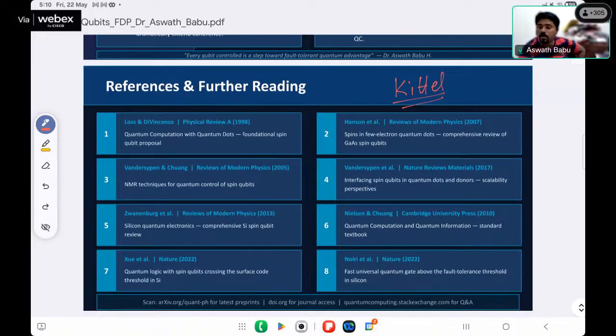Okay, how would a skyrmion act as a qubit? I see this question was asked even in yesterday's session. See, anything, if it can exist in multiple quantum mechanical states, it is a potential means for me to realize a qubit.